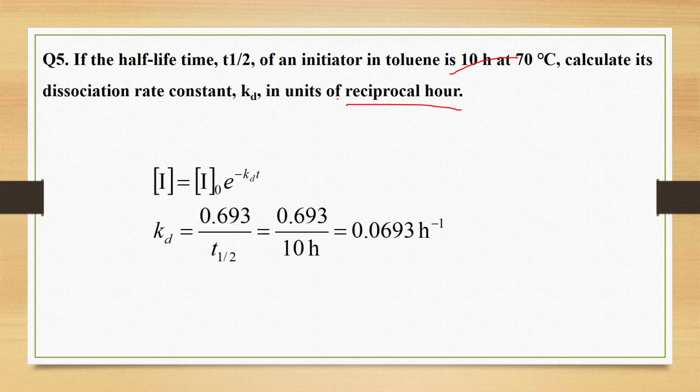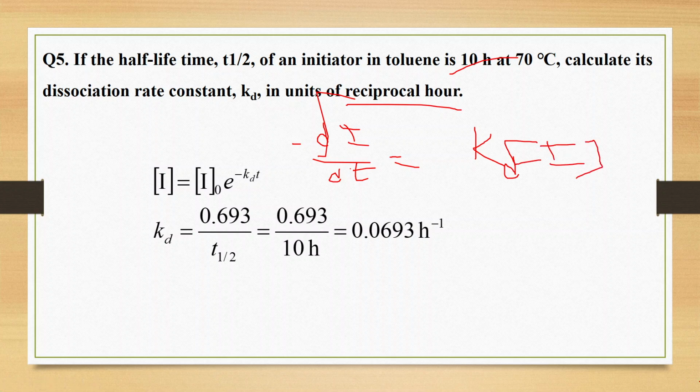So obviously this was the equation, that is I equal to I0 e to the power minus Kd t, that you get from this rate equation, that is minus dI by dt is equal to initiator dissociation constant Kd into initiator concentration. Just forgive my bad handwriting again.